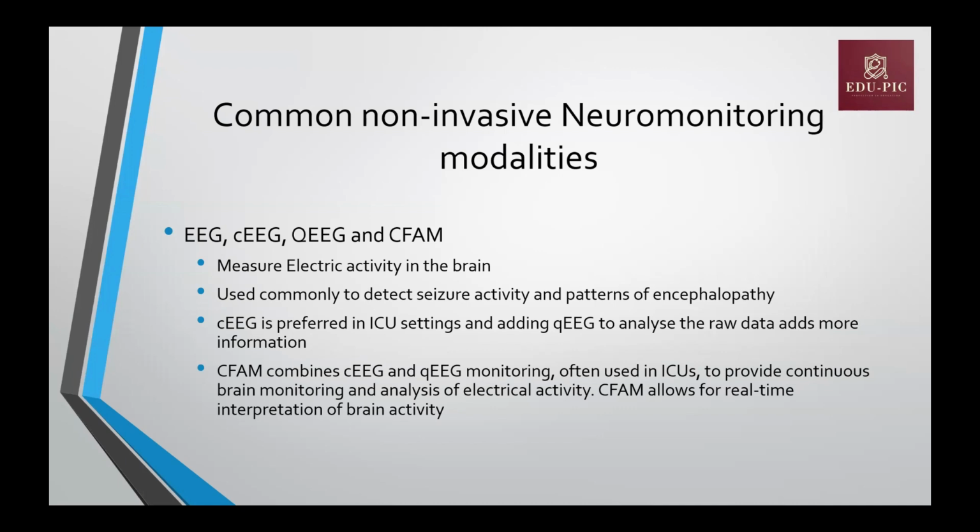It allows you also to see things in real time as they happen. So if something is happening now, you can see. If you're giving anti-epileptic, you can see if actually it settled the seizures or not. If the patient status changes from being encephalopathic to being more active or the other way around, you can see it in real time. So it's very useful. Okay, and that's why we like CFM nowadays in PICU.